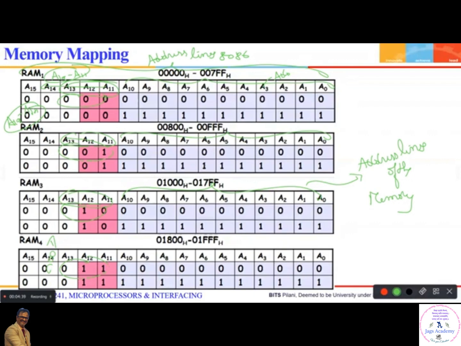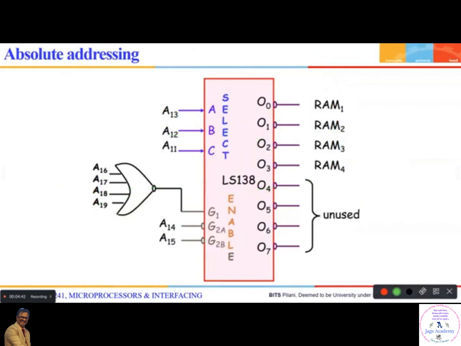Okay, so using this table, now let us write the decoder logic. I told you, A11, A12, A13 can be used as the select input to the decoder logic. You're going to use the 74LS138 decoder to decode the address. Try to understand this. The three lines A11, A12, A13 will go to the select lines.